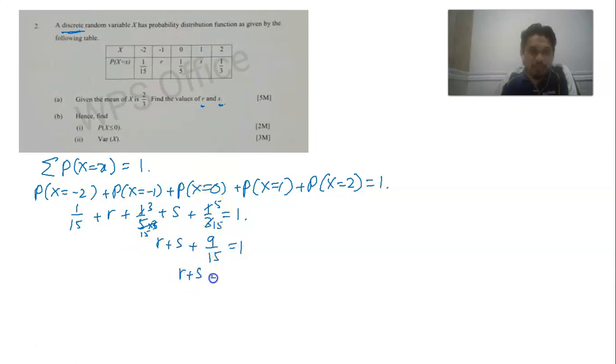So r plus s equal to 1 minus 9 over 15. Just consider this as 15 over 15. 15 minus 9, r plus s equal to 6 over 15. 6 over 15 divided by 3 equal to 2 over 5. So equation 1.